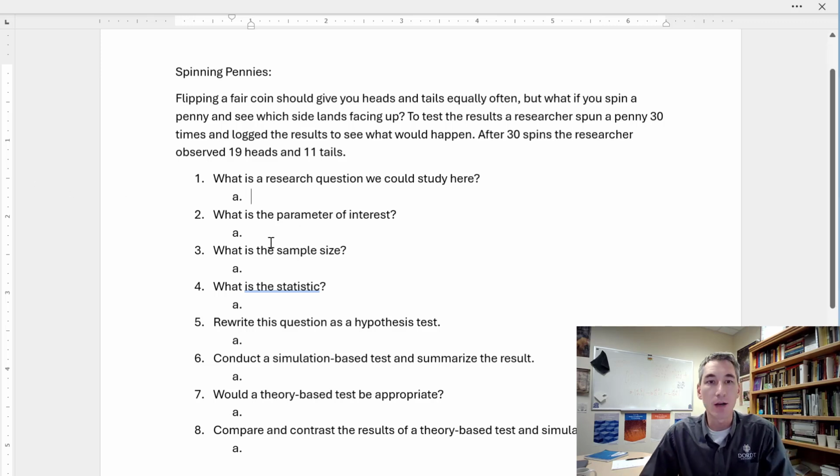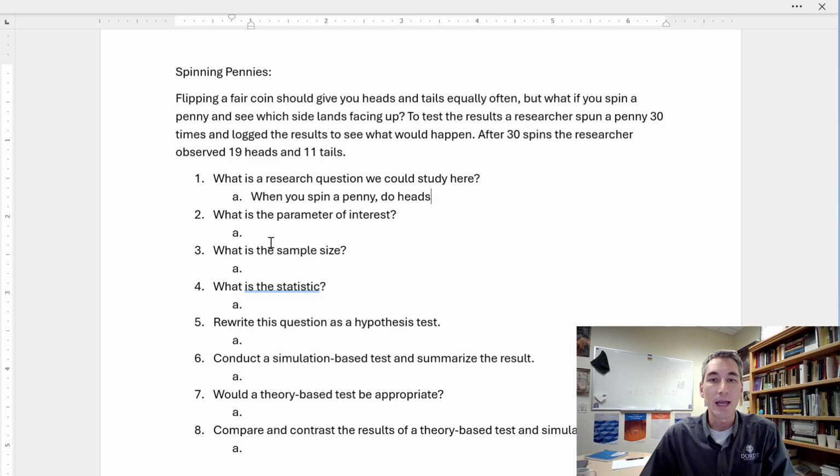So it's something about spinning pennies here. A question could be, when you spin a penny, do heads and tails land up equally often? That's sort of one way to phrase it.